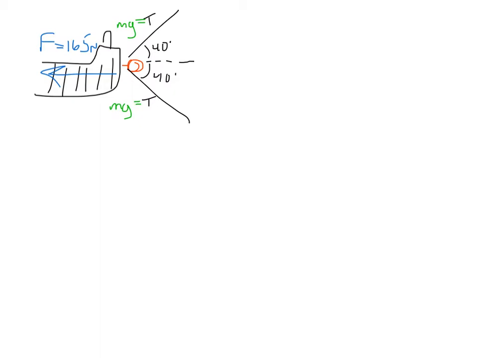So the tension in the string has to equal mg. But what's causing the person to feel a pull in the horizontal direction? This force, tension, is at an angle, and it has a horizontal component, and so does this one, with both a vertical and a horizontal component.